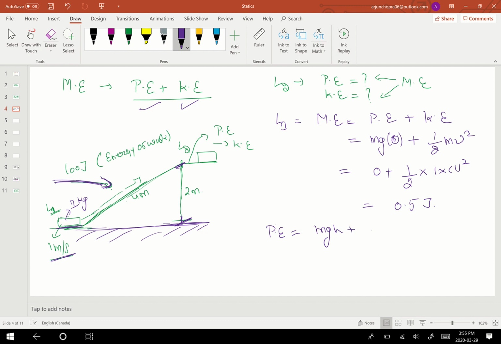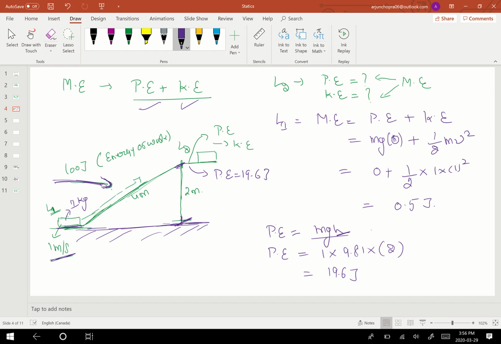The mass is again 1, times 9.81, times the height value, which is 2. So can I find the potential energy from here? The potential energy value will be 19.6 joules.